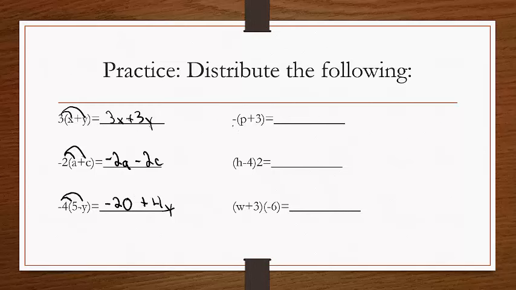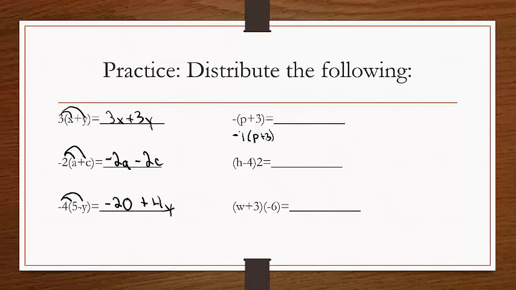You'll often see expressions like these. What you have to remember is if there's just a minus on the left side of the parenthesis, that's like saying negative 1 times p plus 3. We just don't write the 1 because 1 doesn't change the value. Anything times 1 is itself, so we don't need to write the number 1.